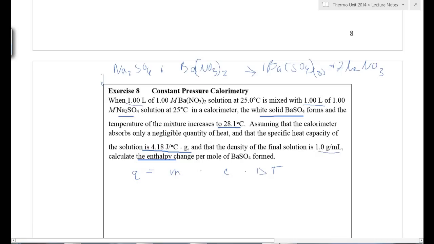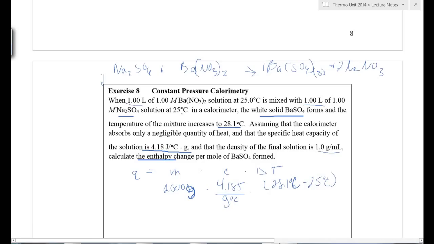So I have 2,000 grams times my heat capacity, 4.18 joules per gram degrees C, and my change in temperature, I went from 25 degrees C to 28.1 degrees C.